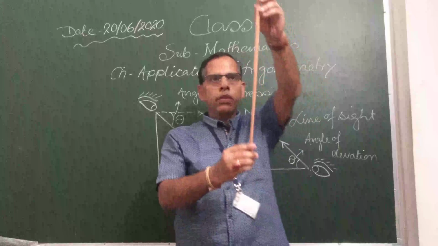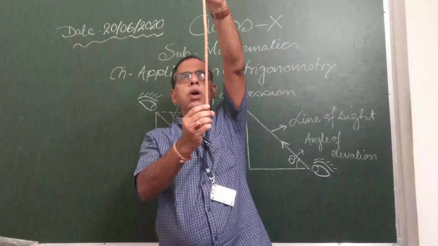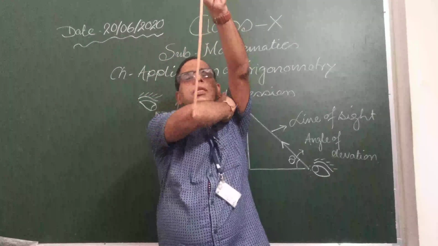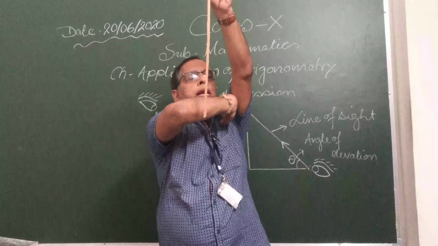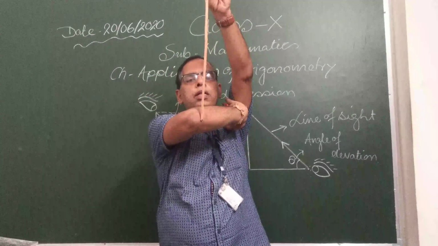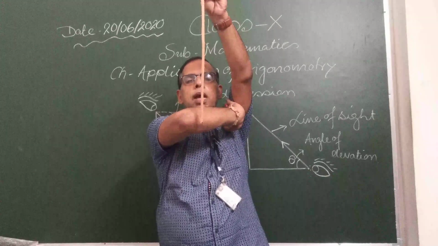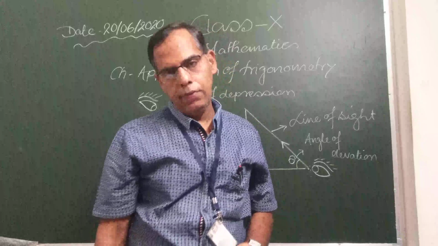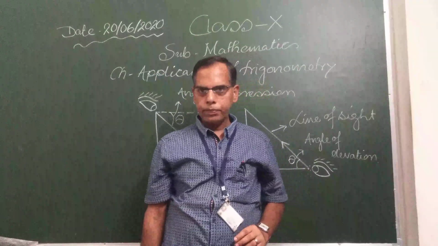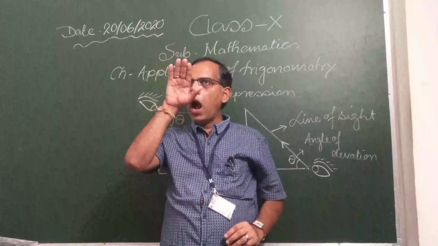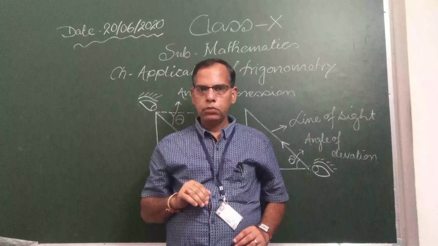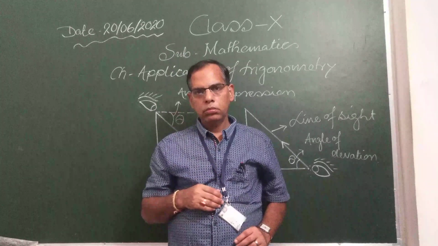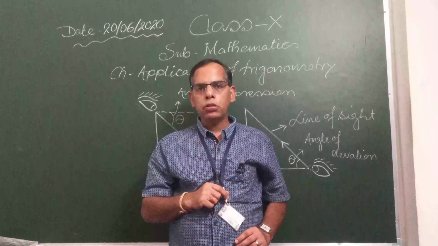Once again, suppose this is the height of the tower and I am looking from here, then the angle formed at this end is the angle of elevation. Clear? So when you are looking up to see an object, suppose a bird is flying, that is the angle of elevation.